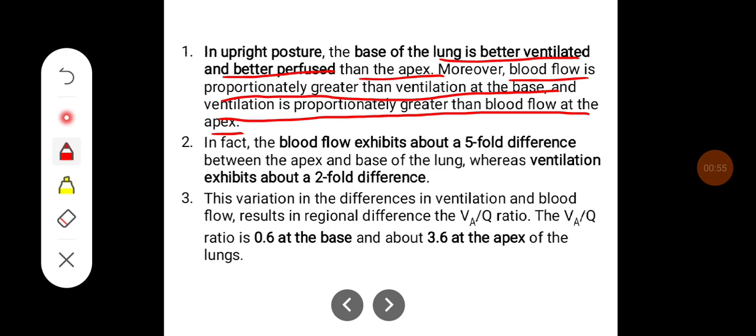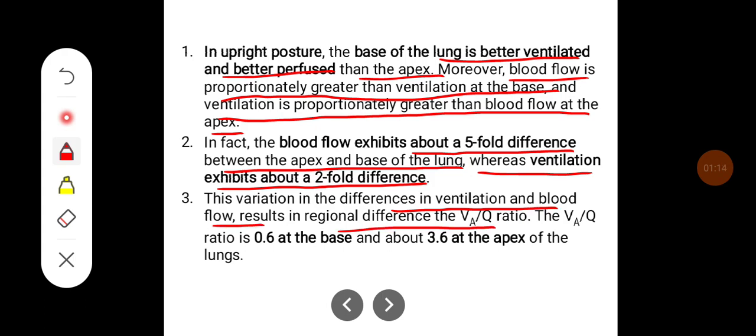In fact, blood flow exhibits about five-fold difference between apex and base of the lung, whereas ventilation exhibits about two-fold difference. This variation results in regional difference in V/Q ratio, that is ventilation perfusion ratio. The V/Q ratio is 0.6 at the base and about 3.6 at the apex of the lungs.